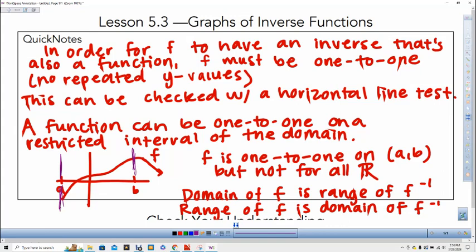That means that what was the domain now becomes the range of the inverse, and the same in the other direction. So the domain of f is the range of f inverse, and the range of f is the domain of f inverse. X's and y's change positions in the function and its inverse.